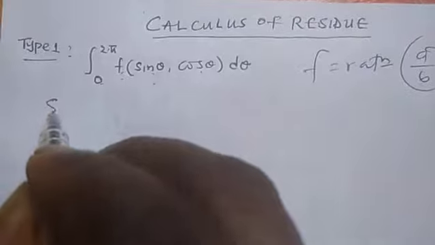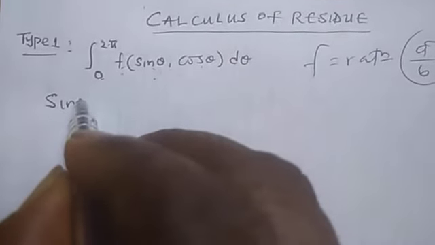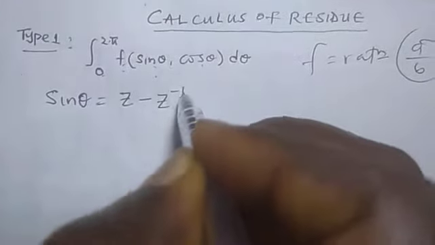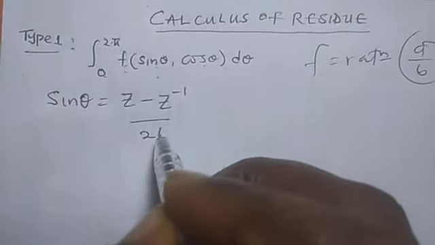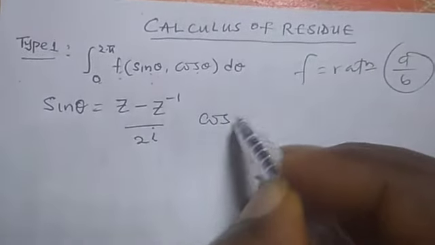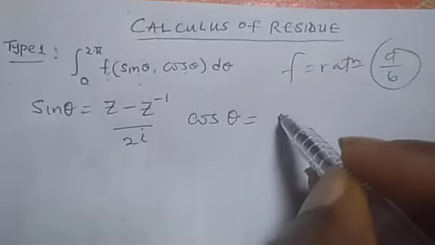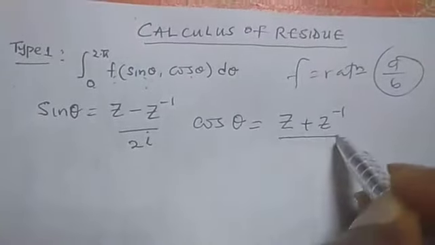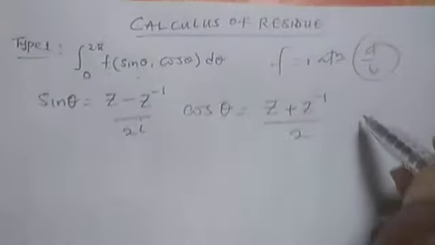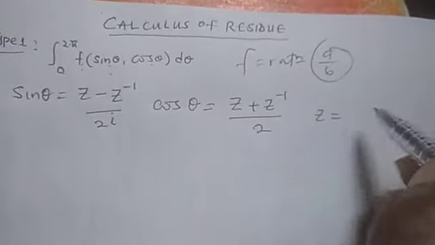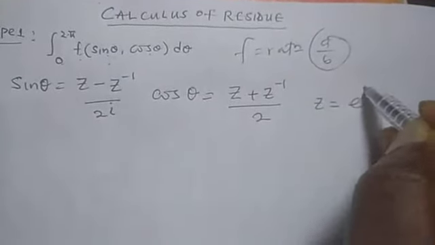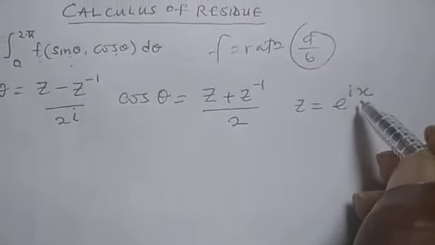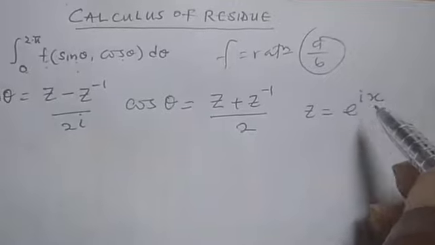We need to just recall that sine theta is the same thing as (z minus z inverse) over 2i. Cos theta is equal to (z plus z inverse) over 2, where our z is equal to exponential i theta.